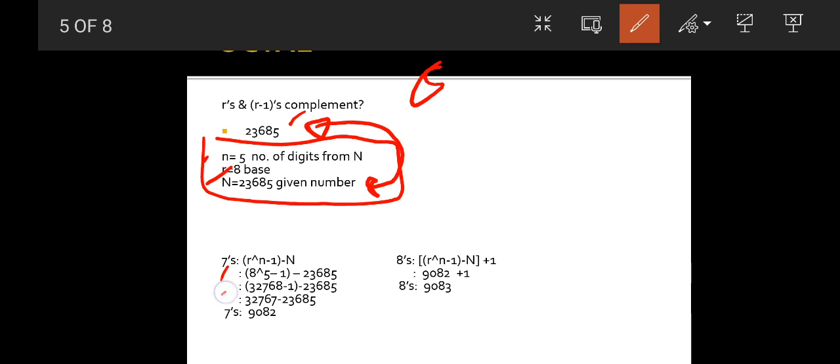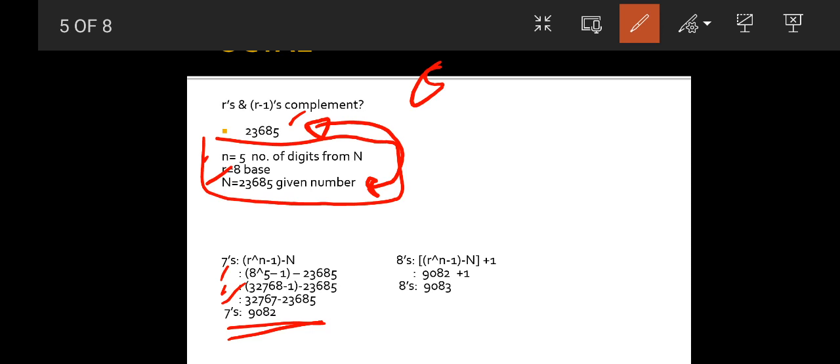The result for 8 to the power of 5 is 32,768, minus 1, minus 23685. So again, you have to subtract 32767 by 23685. So the result is 9082. So that is your r minus 1's complement, or your diminished radix complement.